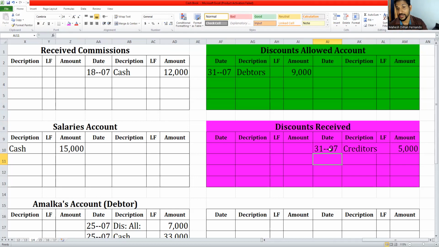So next week, we are starting another beautiful lesson, practical lessons, the petty cash book. Businesses use the petty cash book to record their small payments of cash.